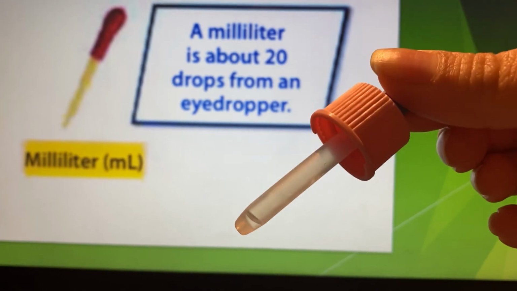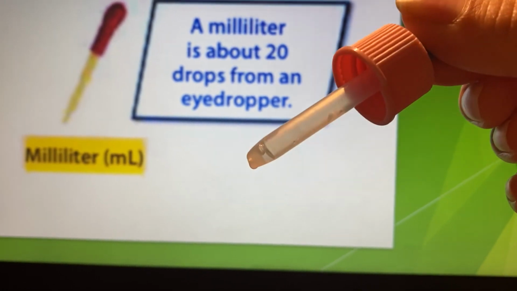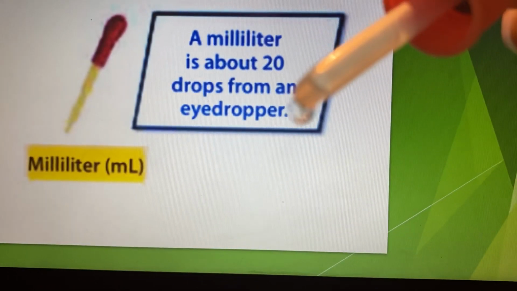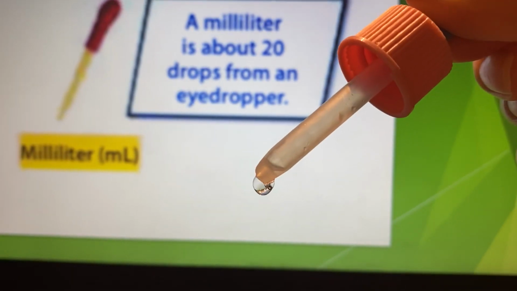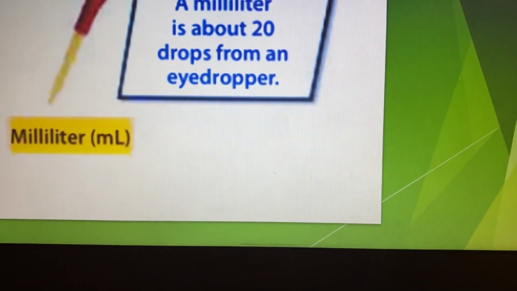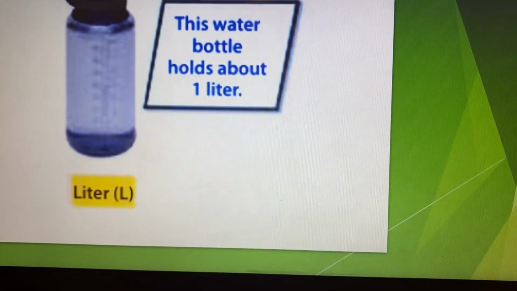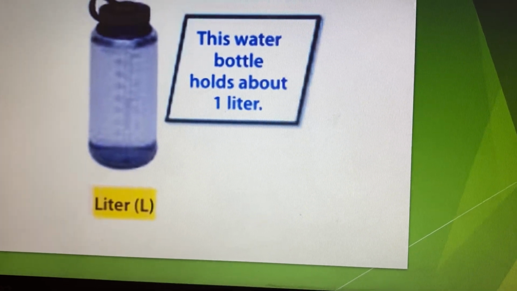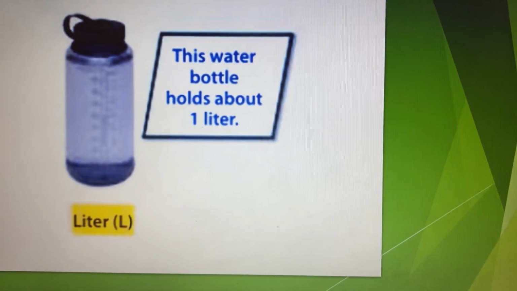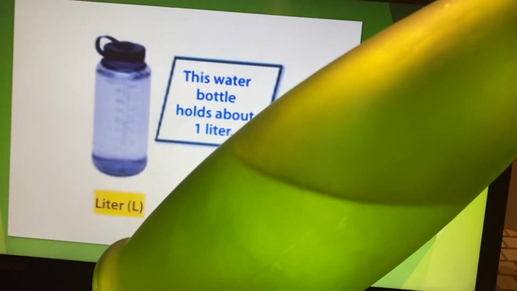So the milliliter represents 20 drops of this. Look, this is drop number 1. So 20 drops of this equals 1 milliliter. This water bottle holds about 1 liter. Look at this water bottle that I have here.